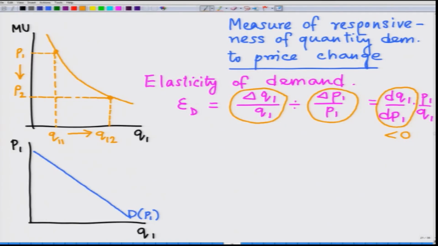So, we want to express this in a positive one, and that is why we use the mod value of the elasticity, and then we express this as the final formula for elasticity of demand, and this is how we can transform a negative number into a positive number.